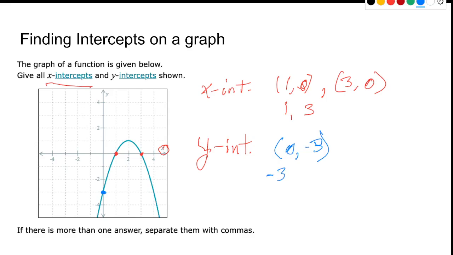But again, if we just have numbers, it's hard to distinguish which are x-intercepts, which are y-intercepts, except by where they're listed as answers. But when we list the coordinate of the point, we're very clear that 0, -3 is a y-intercept because it's got an x value of 0. Okay, so that's how we go about finding intercepts.